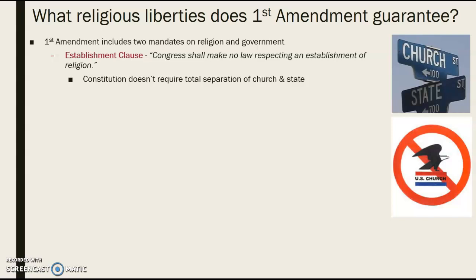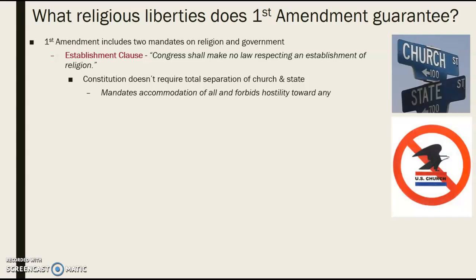Now, to be very clear, that doesn't require total separation of church and state. The courts have clarified to what extent the federal government can involve itself with religion. There are limits that have pushed it back, and then there are some cases that have said, no, that's okay.